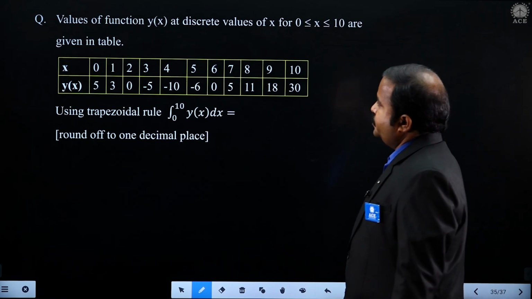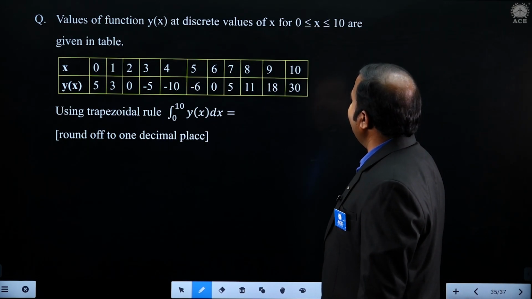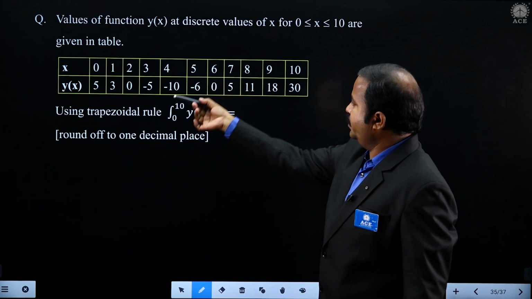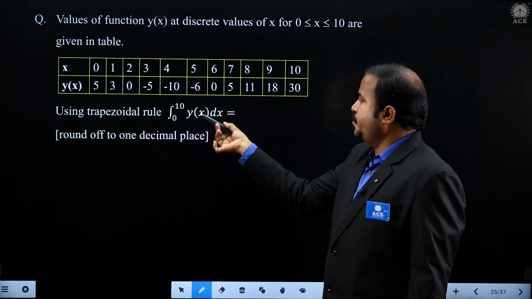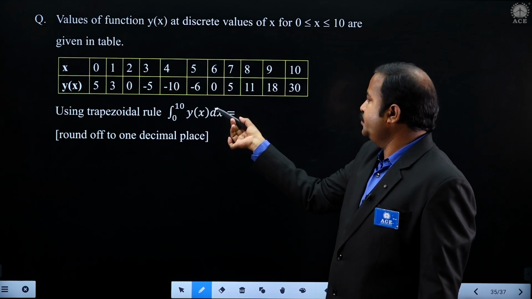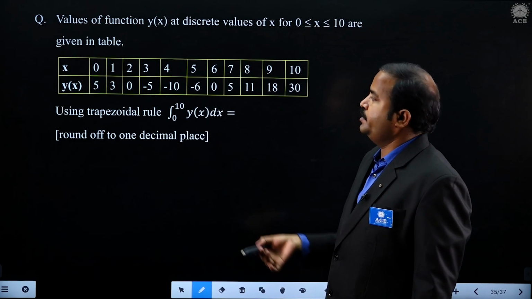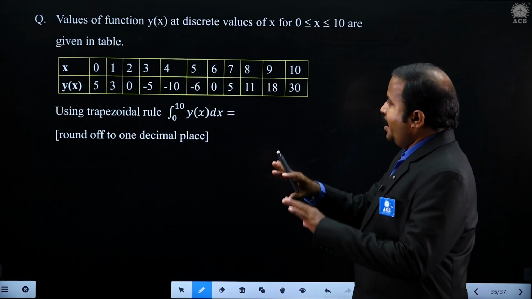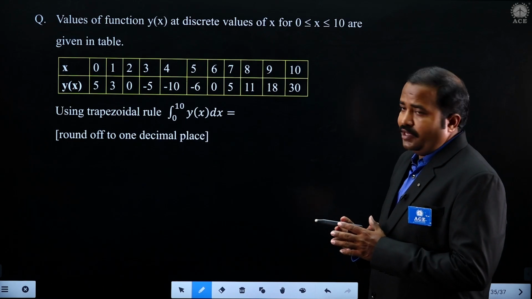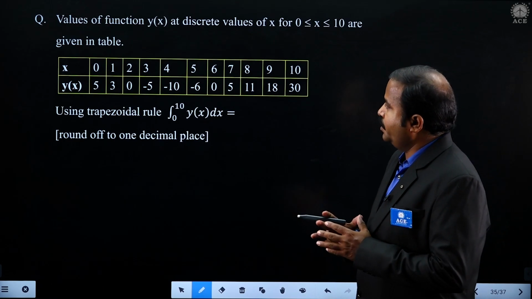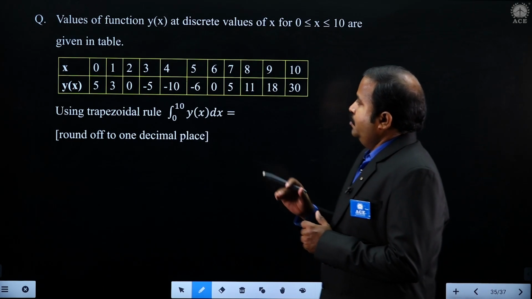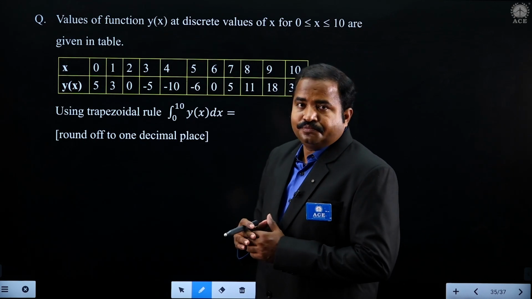The values of function y of x at discrete values of x from 0 to 10 are given in the table. Using the trapezoidal rule, what is the value of the integral from 0 to 10 of y of x dx? By observing, this is from numerical methods, the numerical integration concept.